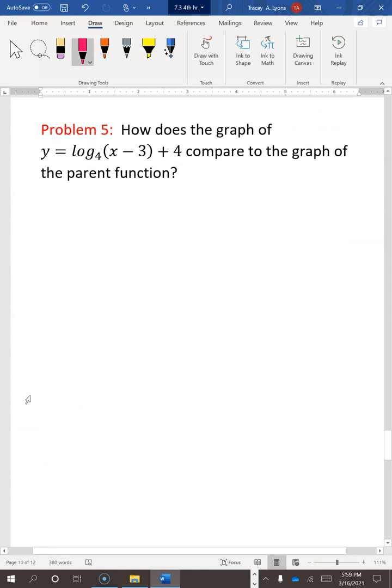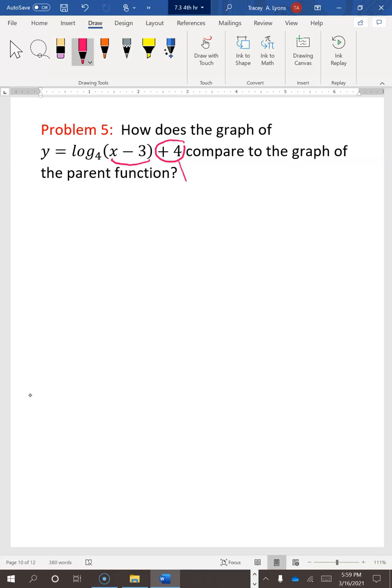So rather than graphing all of these, we're going to describe some of those equations as well. So how does the graph of y equals log base 4 of x minus 3 plus 4 compare to the graph of the parent function? So when you're looking at it, the things that have changed would be these two parts. If you can describe what those things do according to what we already know, that's all you're going to have to do this time.